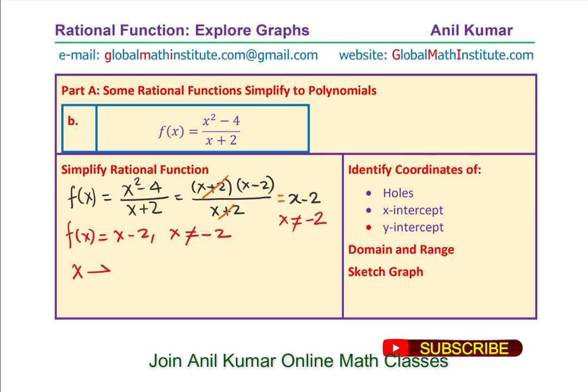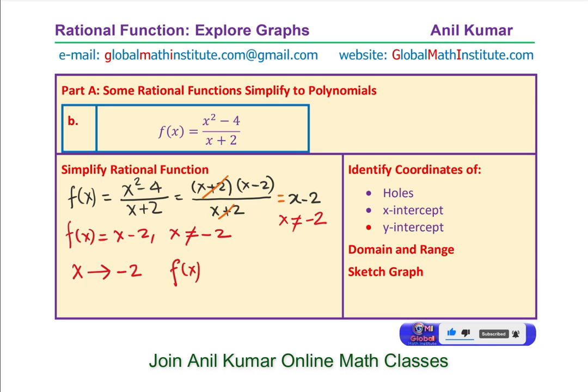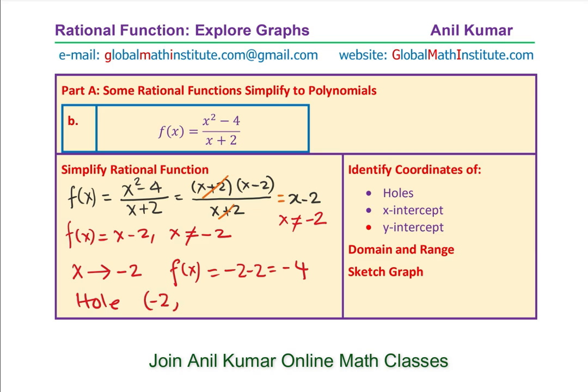If x approaches minus 2, we cannot be there since this function cannot be at x equals minus 2. But we can be very close to that value, correct? So as x approaches minus 2, the function f of x, which is simplified as x minus 2, approaches minus 2 minus 2, which is minus 4, correct? So we know that the hole is at minus 2 x value and minus 4 y value. Do you see that?